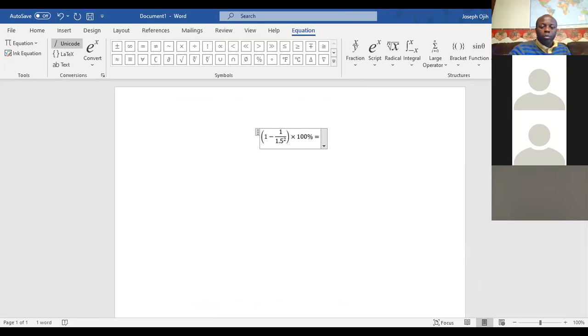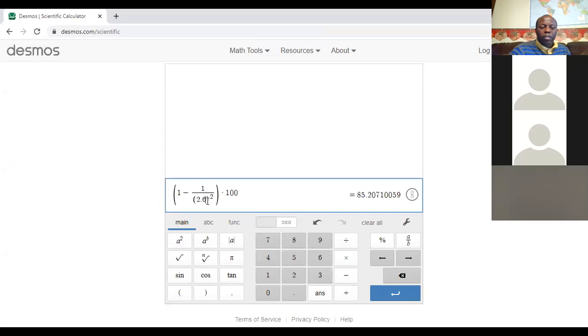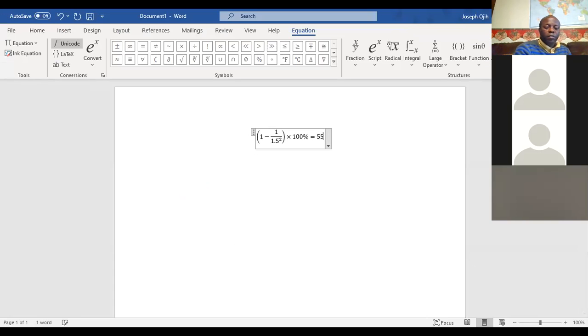From decimals, we can just plug in the 1.5 there. It was 55.6%.